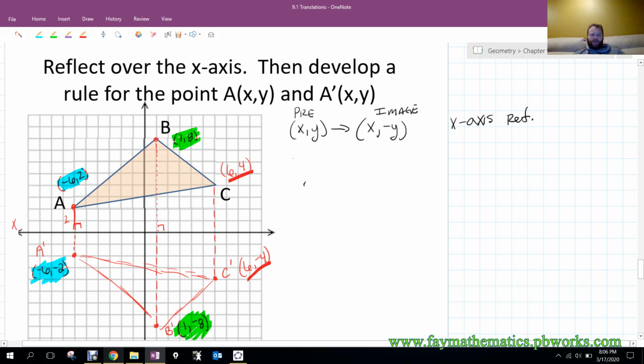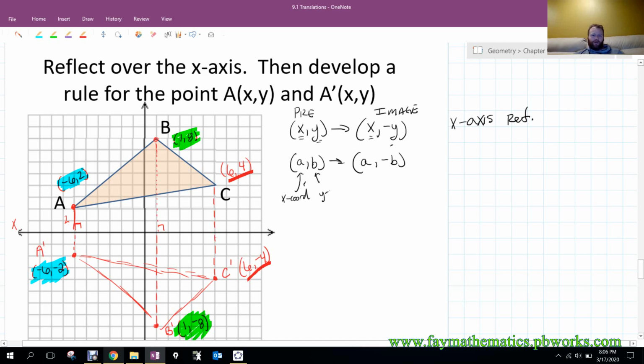Now you can use x's and y's. I prefer a lot of times to say if the ordered pair A comma B is on my pre-image, then when I do an x-axis reflection, the point A comma opposite of B is on my image. I like to stay away from x's and y's. It gets a little confusing for people. I'm going to use A and B a lot of the time, but know that A, obviously it's the first coordinate here, so is an x coordinate.